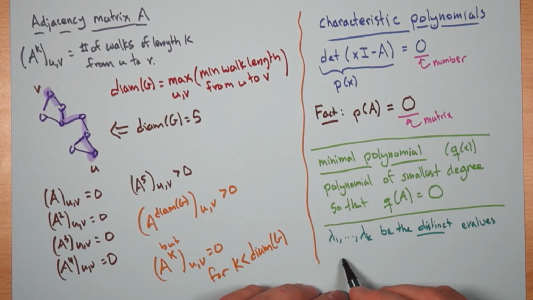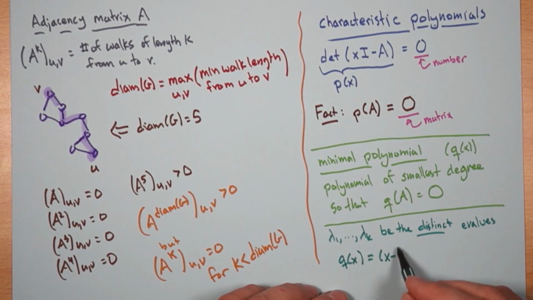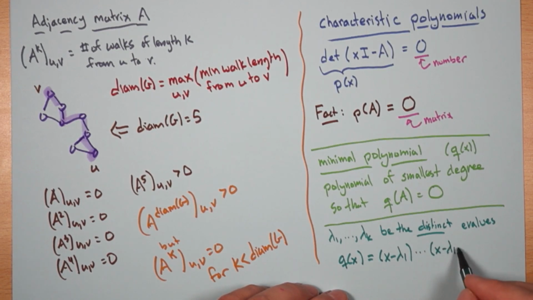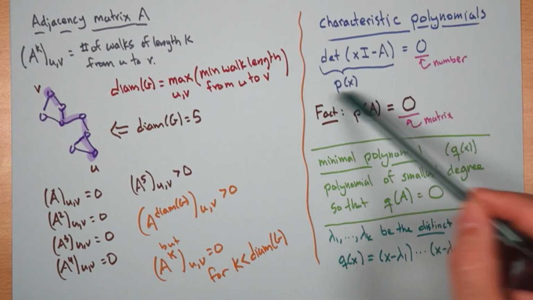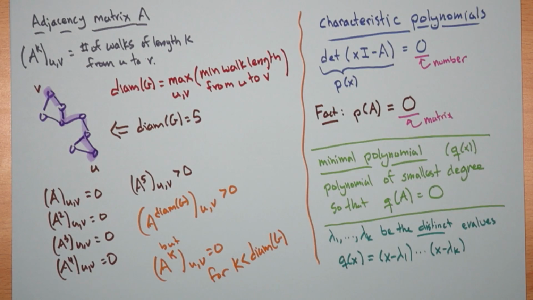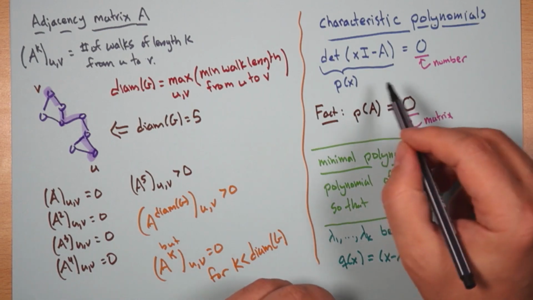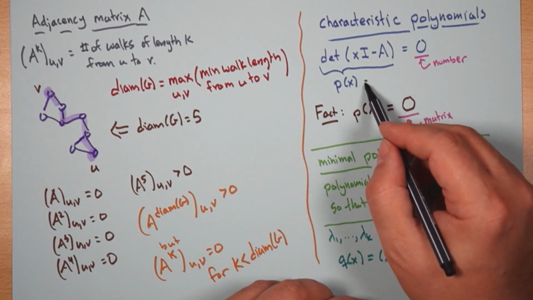Then we can say that q of x means what? Well, it's going to look like x minus lambda 1 product up to x minus lambda k. So, in other words, if you were to think about what's happening with this original characteristic polynomial, it actually factors, right? The roots are what gives us our eigenvalues, but it looks like the following.